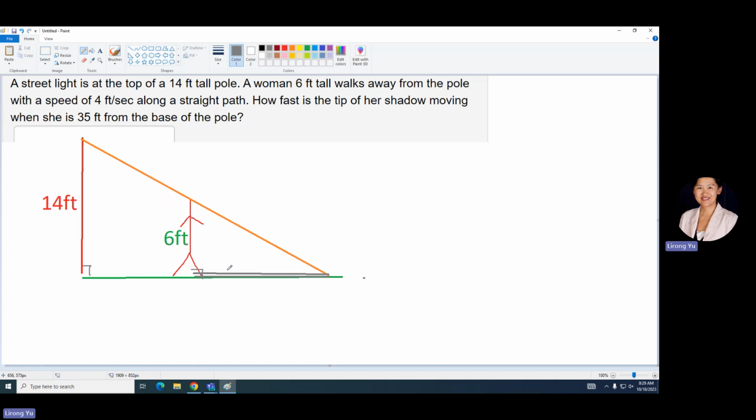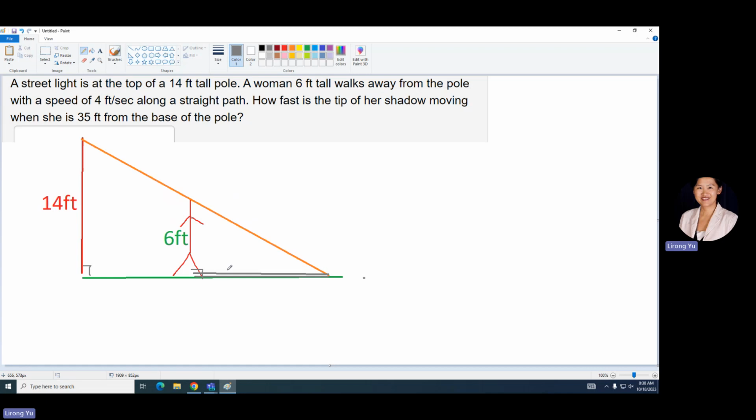This one is shorter, which is the shadow, and this is longer, so it doesn't have the same size, but it does have the same angle. Every triangle has 3 angles and 3 sides. So these two triangles, the smaller one and the bigger one, have the same angles but different size. So we do have this ratio: 6 to 14 is the ratio between the small triangle and the big triangle.